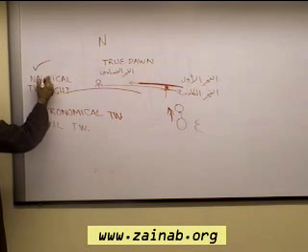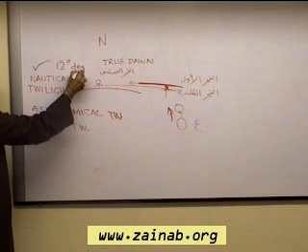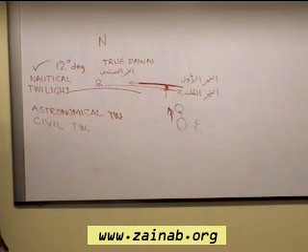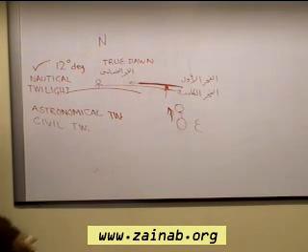So nautical twilight is at 12 degrees of the sun's location below the visible horizon.